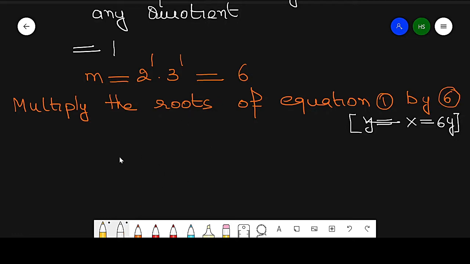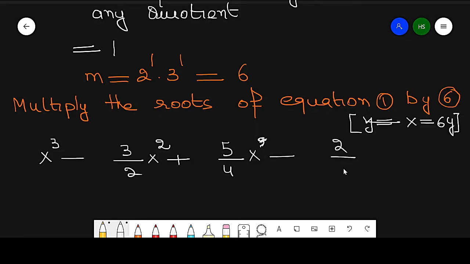What is equation number 1? This is x raised to power 3 minus 3 by 2 x raised to power 2 plus 5 by 4 x minus 2 by 9, which is equal to 0.